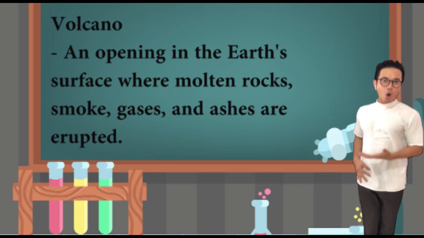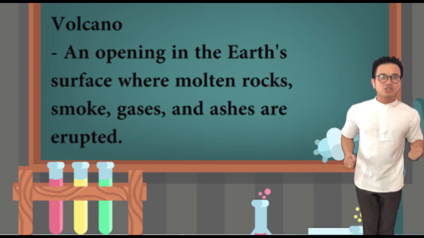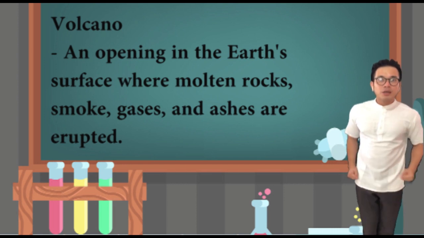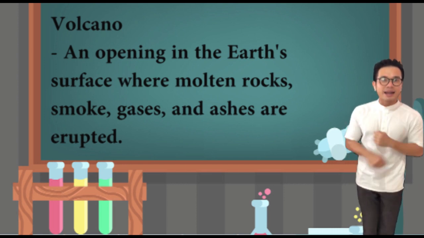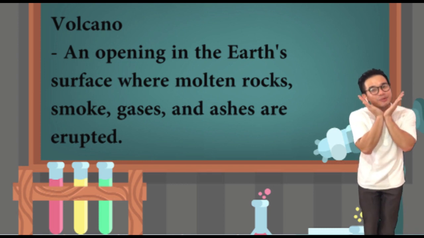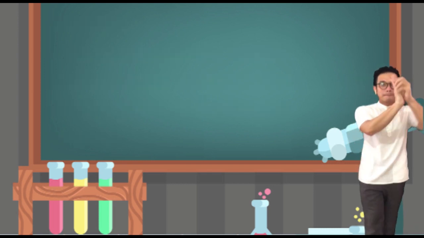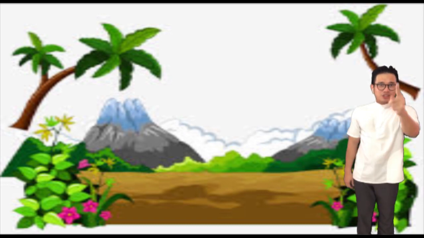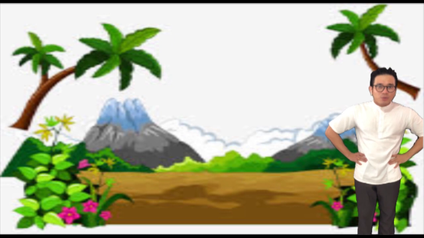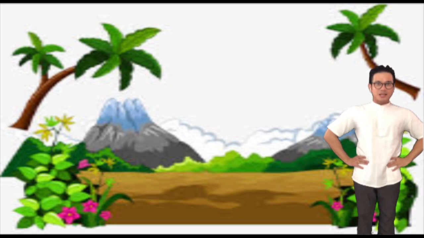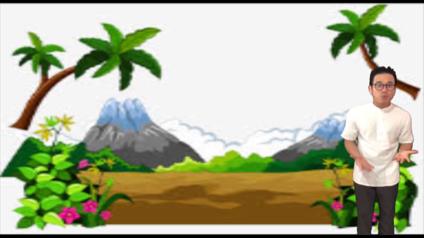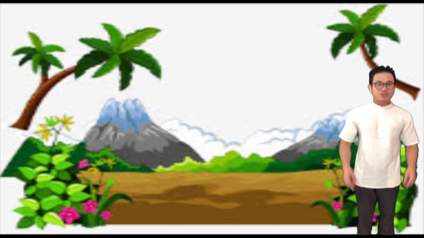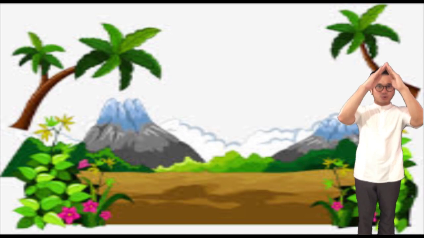It is an opening in the Earth's surface where molten rocks, smoke, gases, and ashes are erupted. Great job! Now, you are already familiar with the meaning of the following words. Let us now proceed with the first activity, entitled Get to Know the Volcanoes.